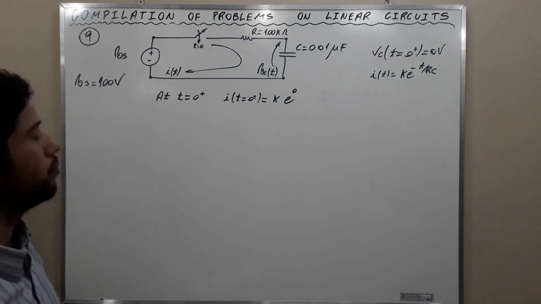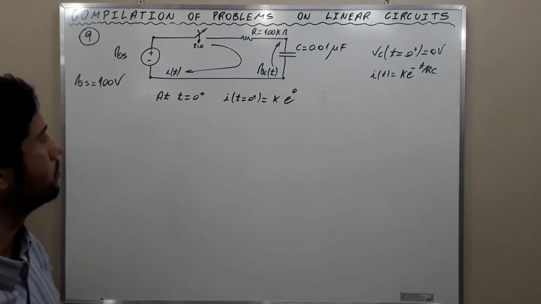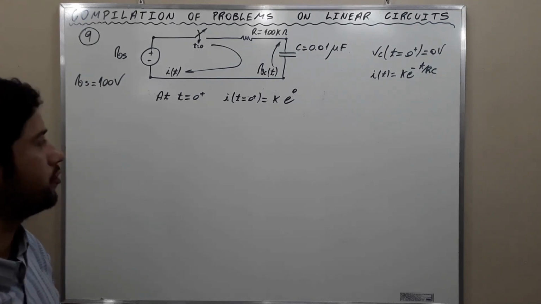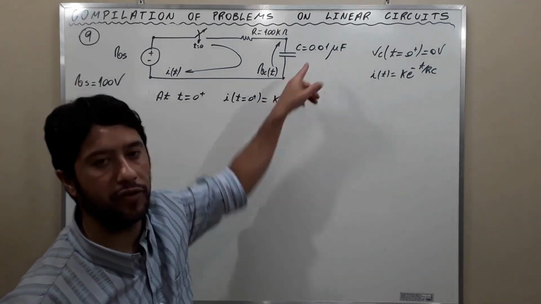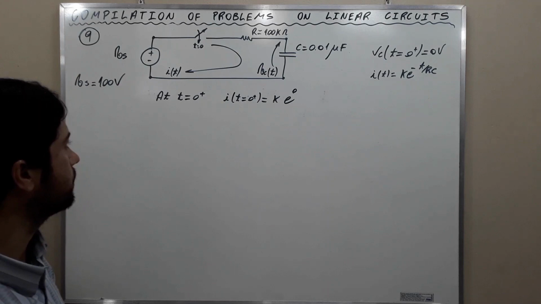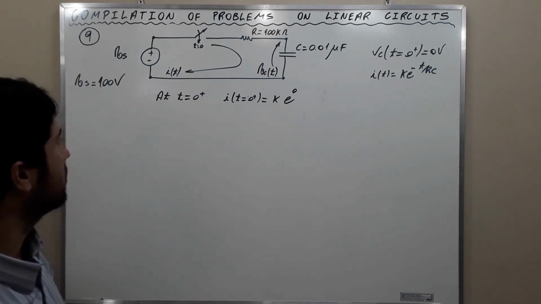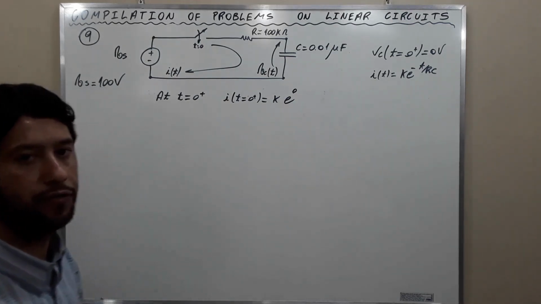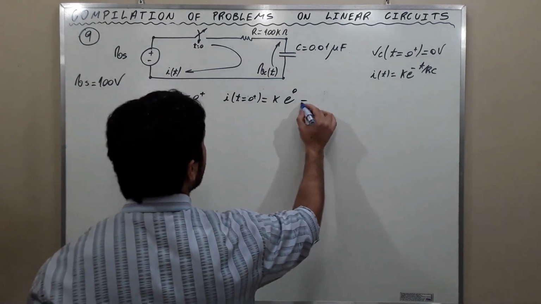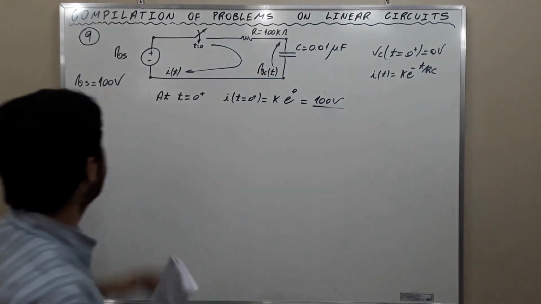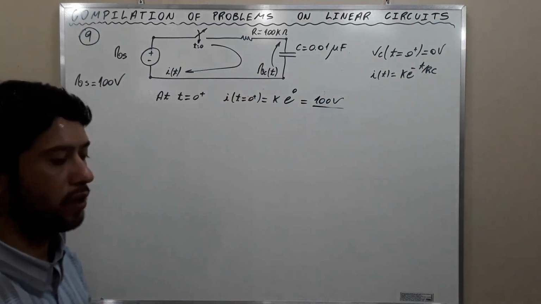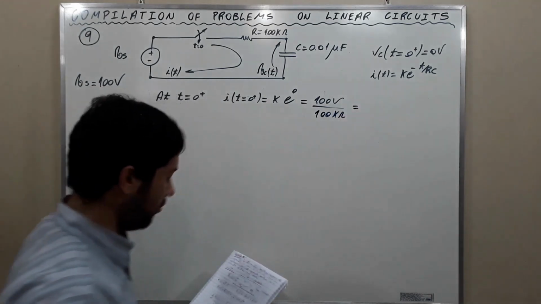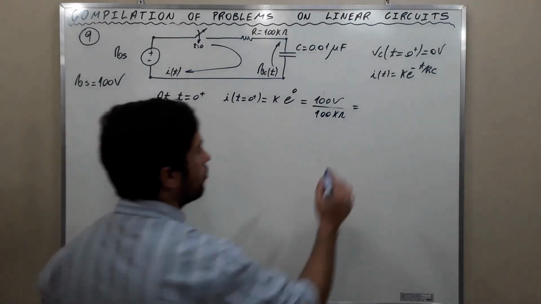The switch moves from off to on. When this happens, precisely at 0 plus, the capacitor behaves as a short circuit. Then the current at t equal to 0 plus will be simply the division between the voltage of the battery and the resistance R. And this gives a value of 1 milliamp.